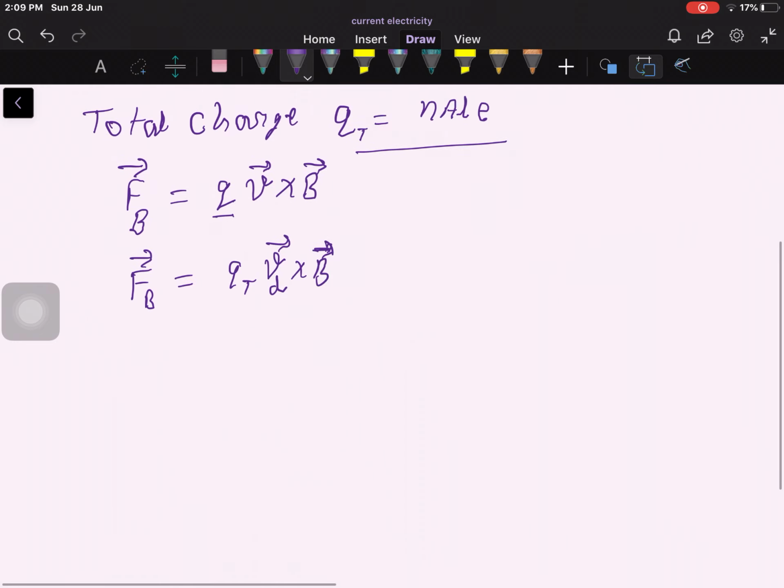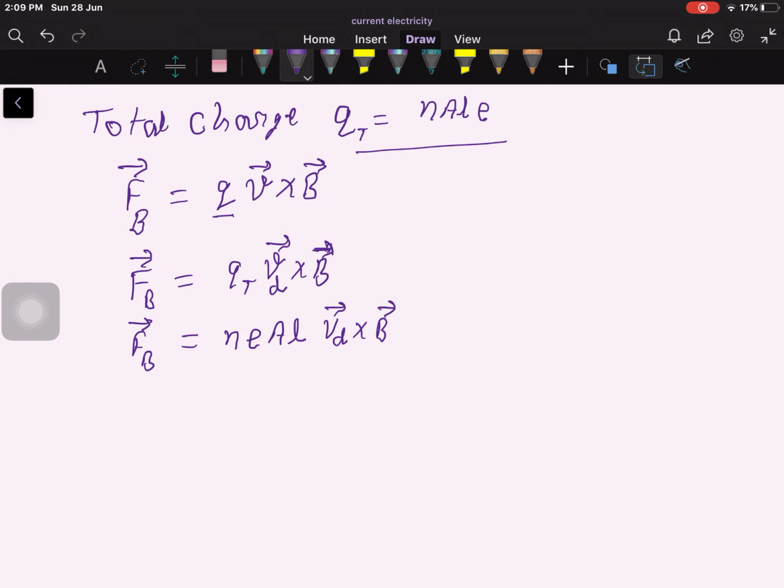Now if I want to replace this Q total, in place of Q total I should write N e A L, and Vd cross B.